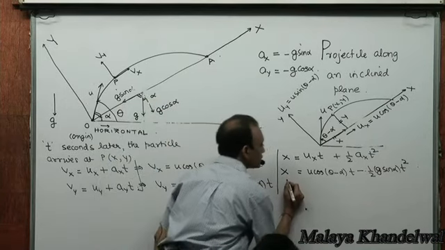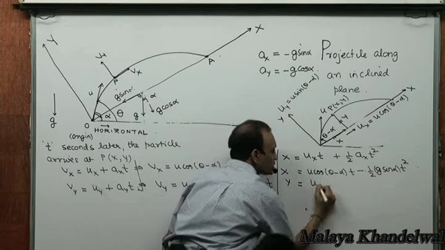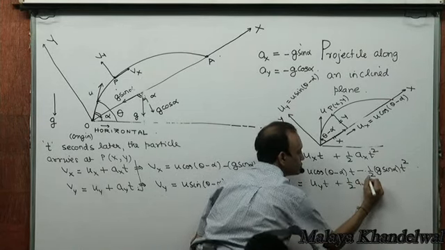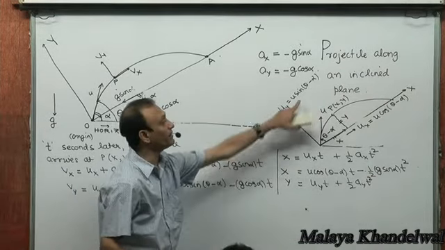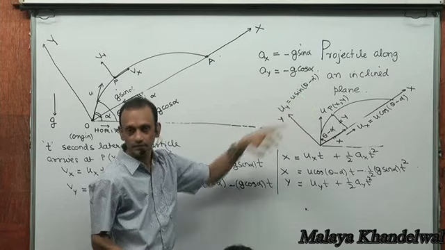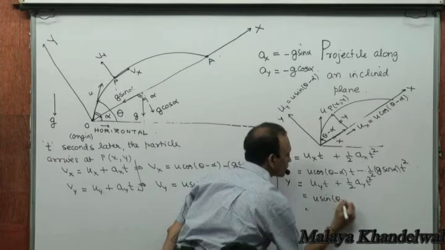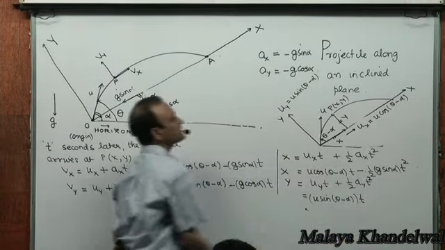Now, what is the displacement in the y direction in t seconds? Initial velocity in the y direction times t plus half of ay into t squared. What's the initial velocity in the y direction? U sin(theta minus alpha), into t. And what is ay?